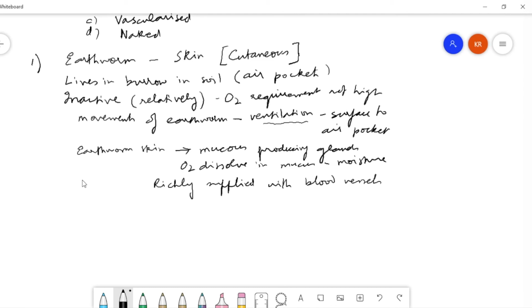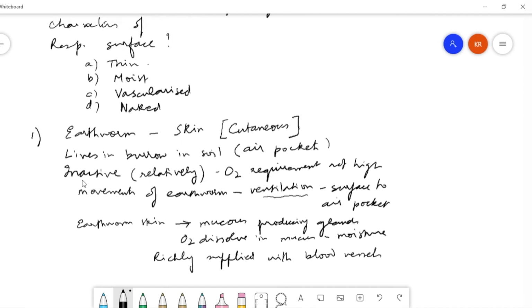So look at the characters that we have mentioned. What is a respiratory surface? Is the earthworm skin thin? Yes, it is thin. Is there moisture? Yes, there is moisture. Is it vascularized? Yes, it is.